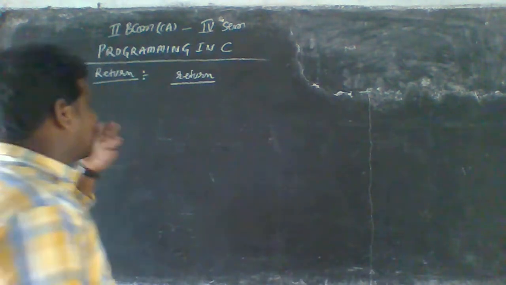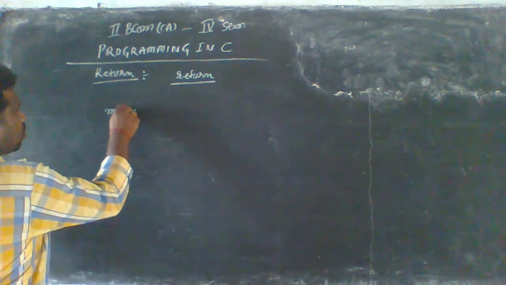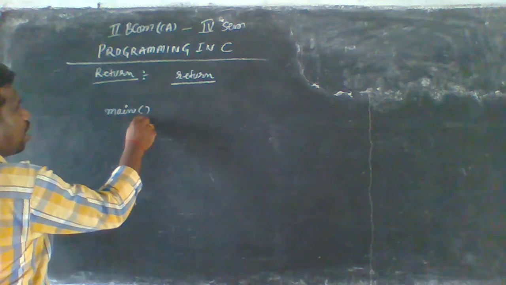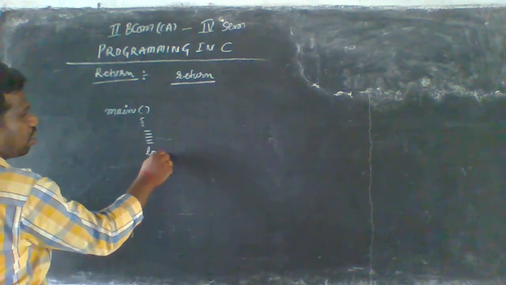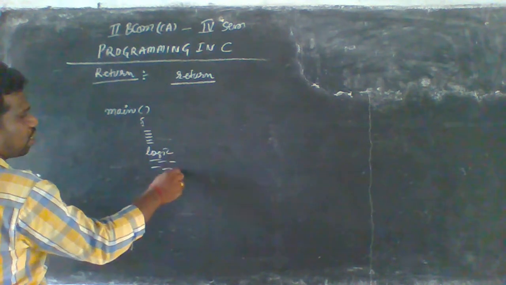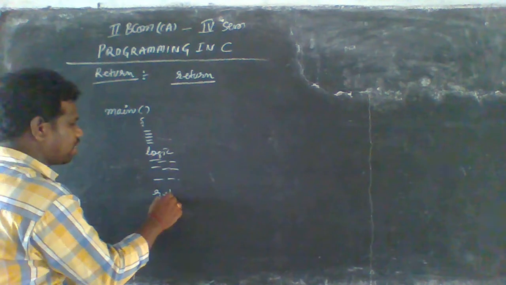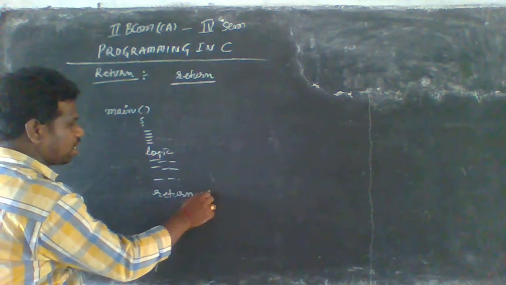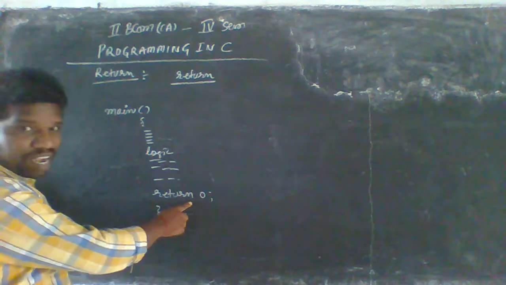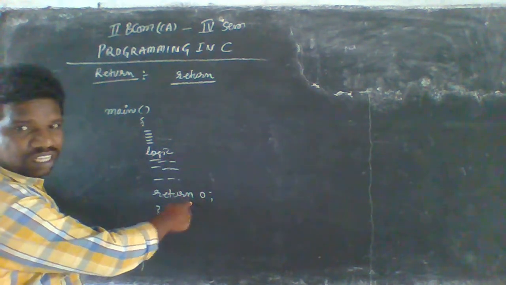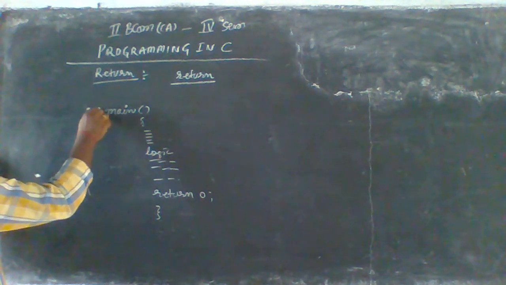For example, I am declaring the main function like this. Main function, and you have to write the code here, and at the last you have to specify return 0. In this case you have to specify return 0. That's why the return value is int here.